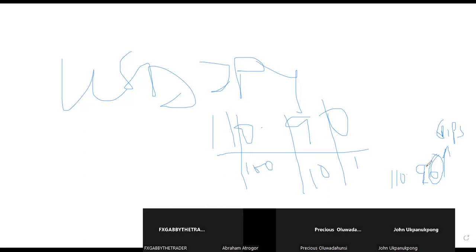Don't forget, I said for yen pairs, we start counting their pips from the second decimal. That is why we are paying attention.